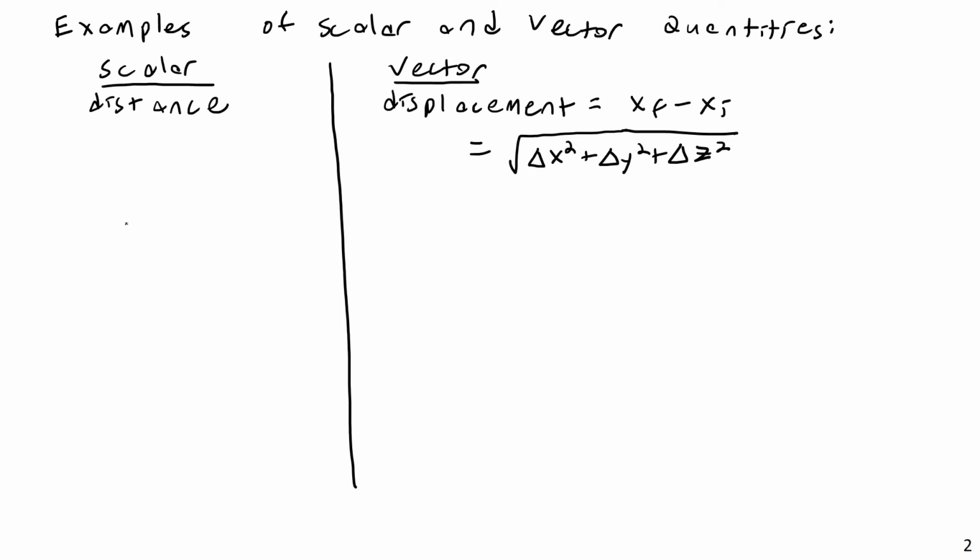Okay, then let's talk about motion. For scalar, we would have speed, but for vector, we would have velocity. Velocity would have some direction associated with it. You could talk about velocity east, north, south, west, up, down, forward, back, whatever it may be. But velocity, if it's going to be a true velocity, is going to have some directionality associated with it.